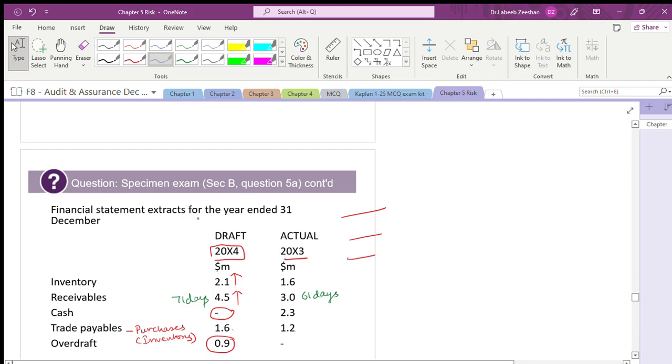Yes or no? Tell me, which three ratios can we calculate?